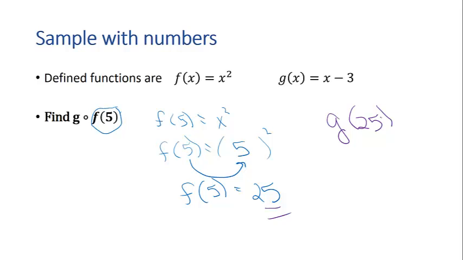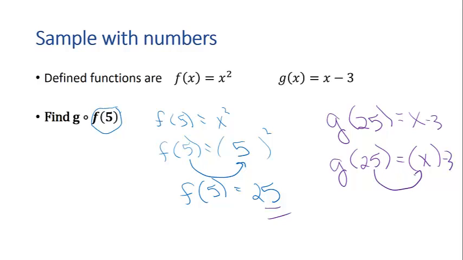So we're looking for g of 25. Well, the expression is x minus 3. So g of 25, I'm going to put the parenthesis where the x is, minus 3. And what's in this parenthesis replaces the x in that parenthesis.